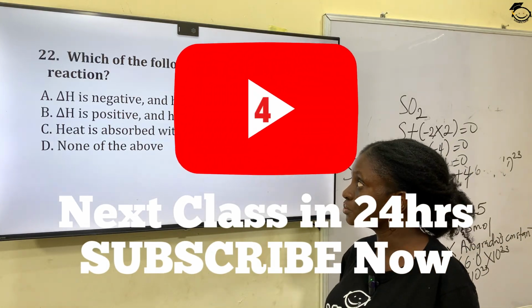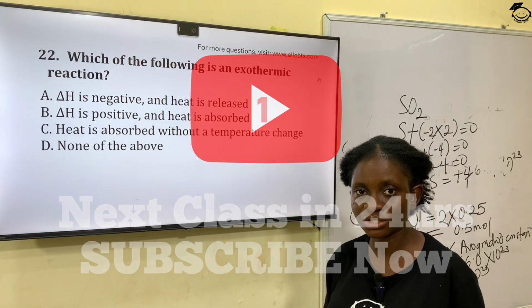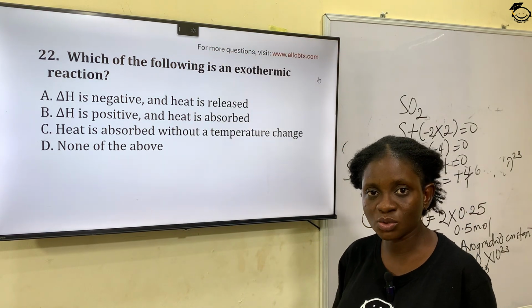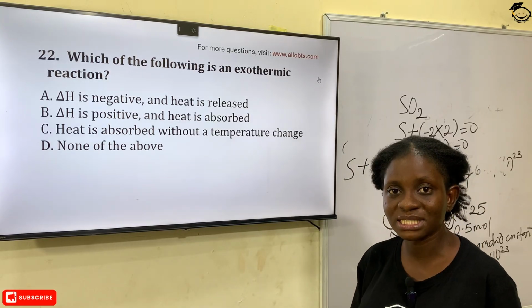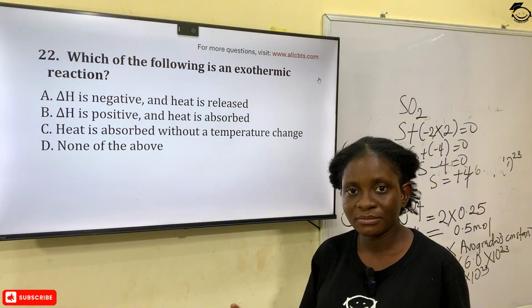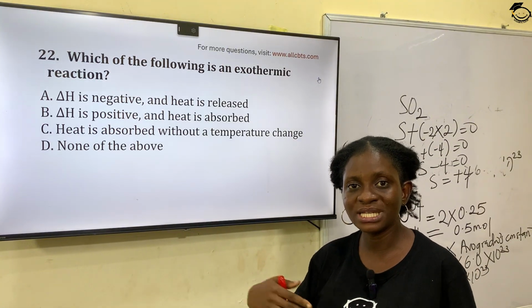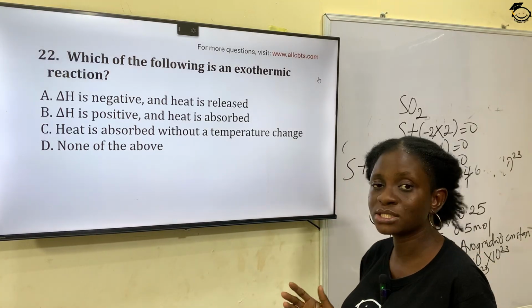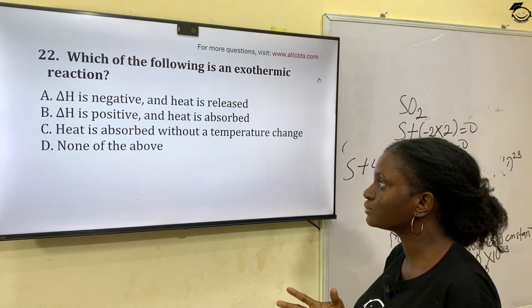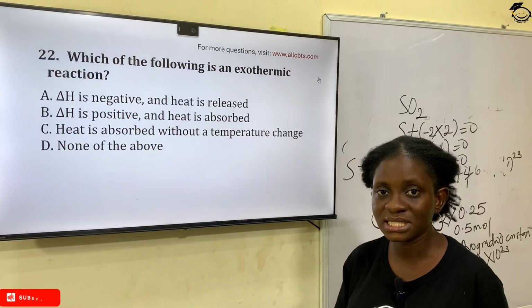Question 22. Which of the following is an exothermic reaction? From the word, exo means outside, endo means inside, and thermic means heat. Combining the two words, exothermic means there is a release of heat. Option A, delta H is negative and heat is released.